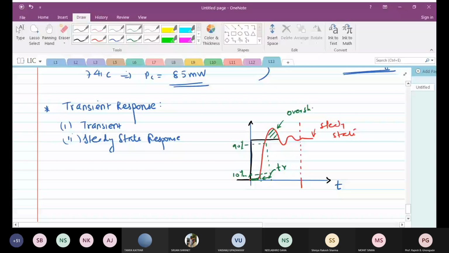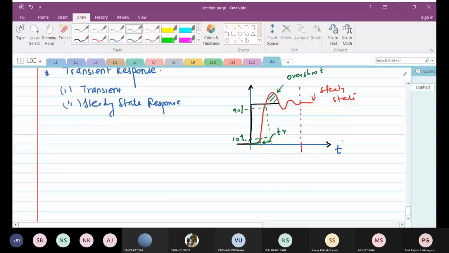The transient response of a typical operational amplifier is given by the manufacturer.